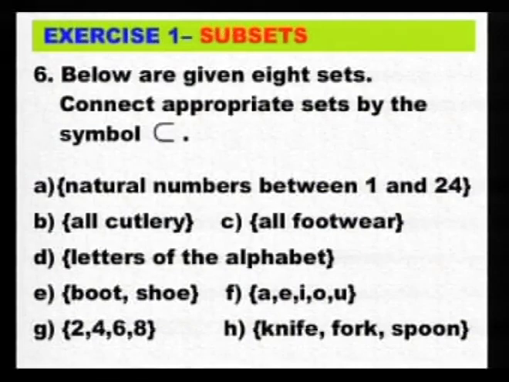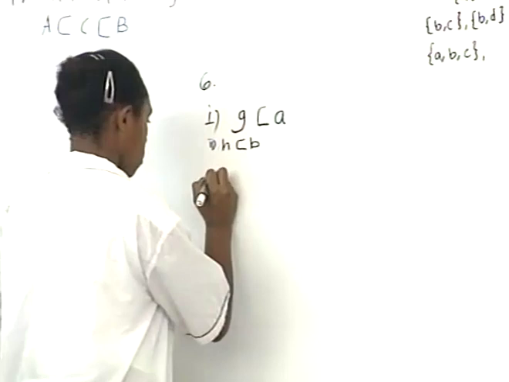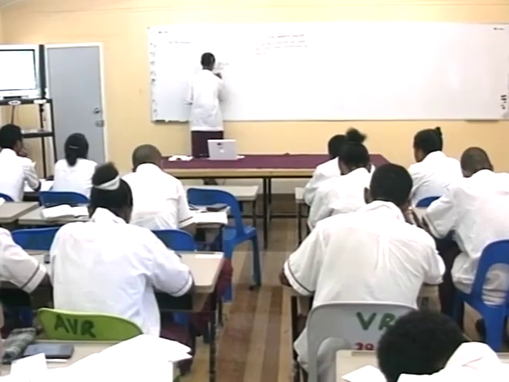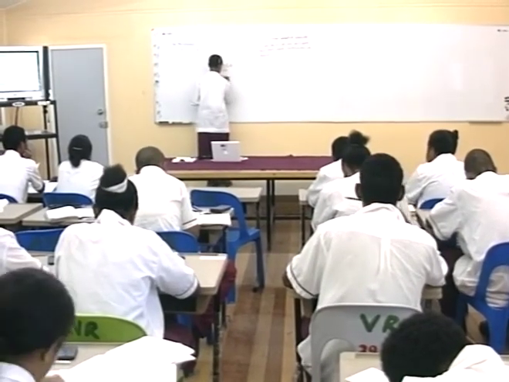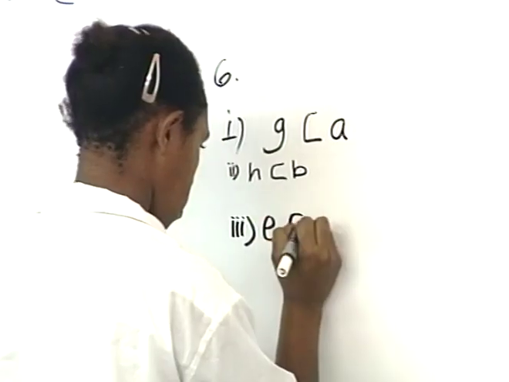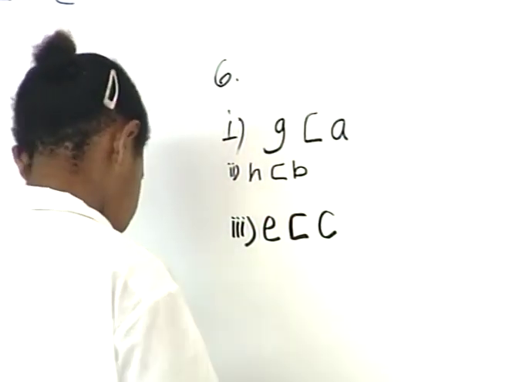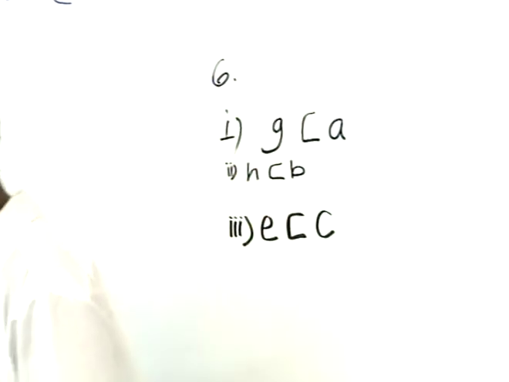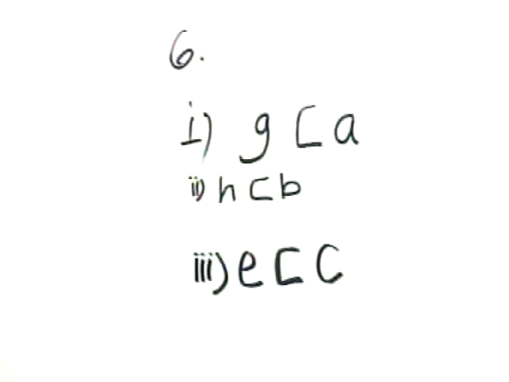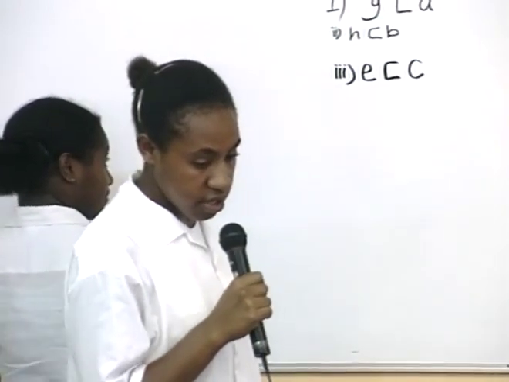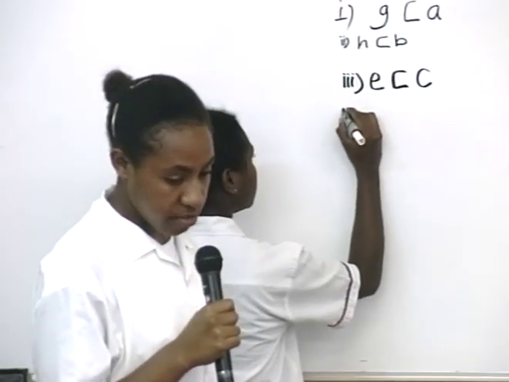Next one, number 3 and number 4. E is a subset of C because E contains boot and shoe, which will come under footwear.